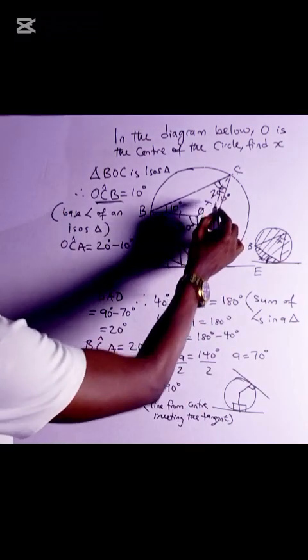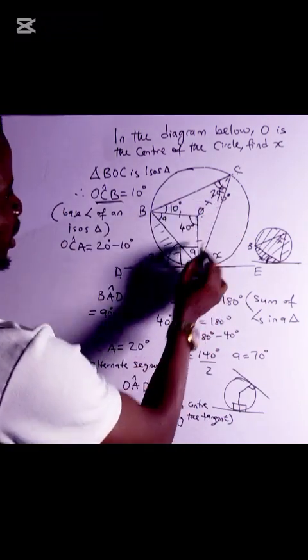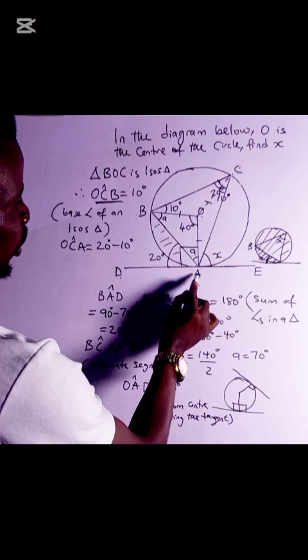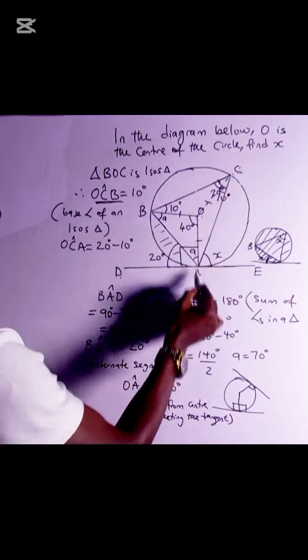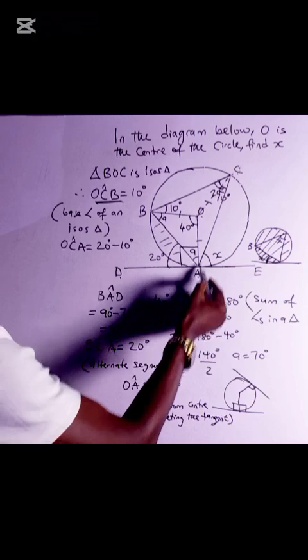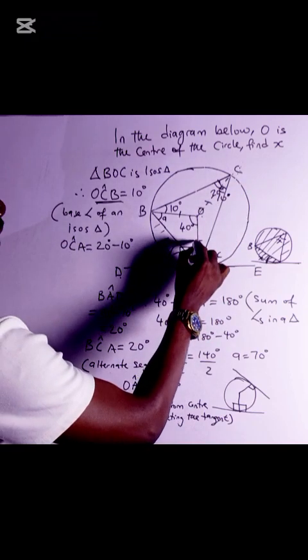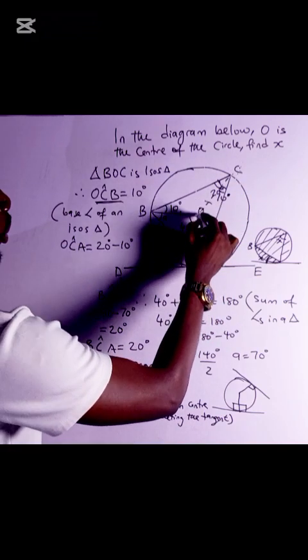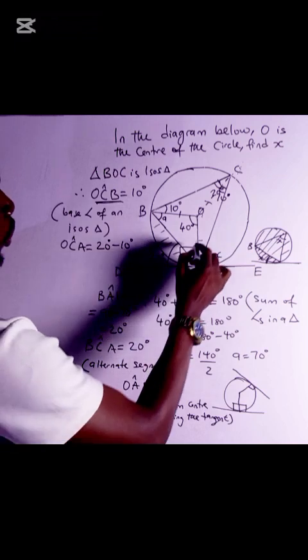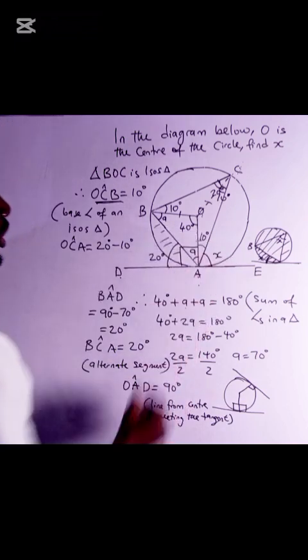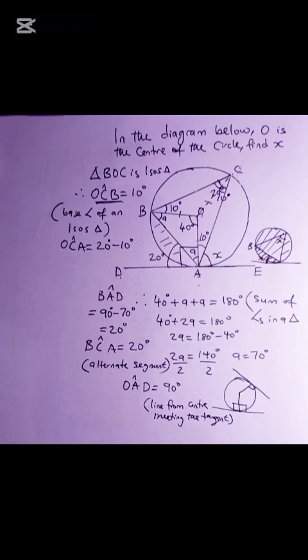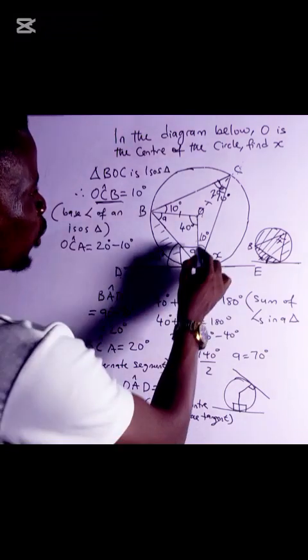So we have got here to be 10. Likewise, if you look at this triangle AOC, it is also an isosceles triangle because it has equal sides, OC and OA. So moreover, here will also be 10 degrees.